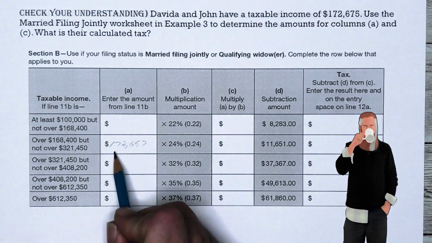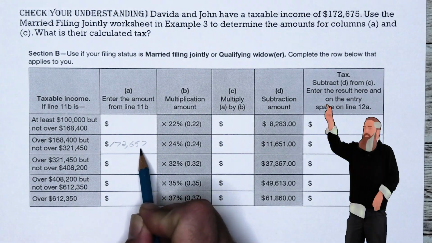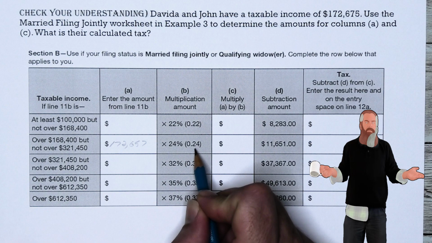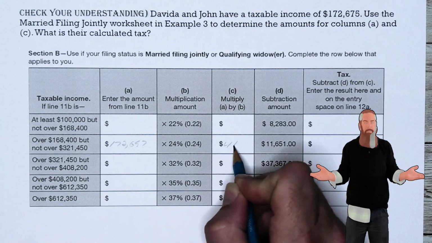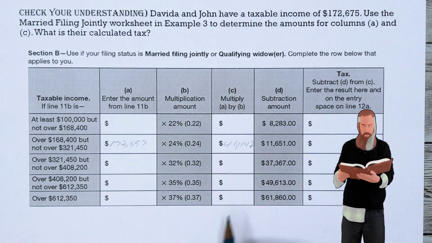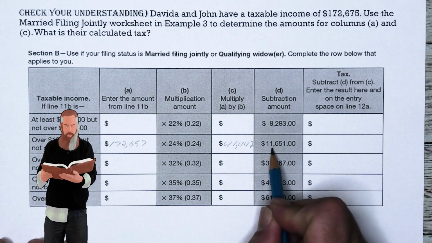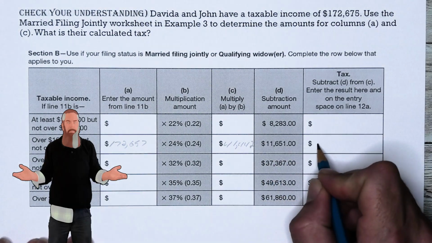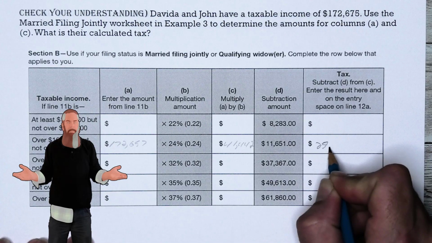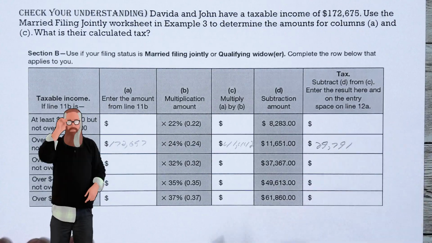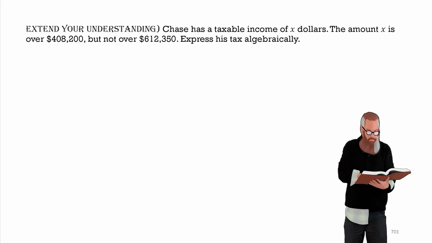This means we're going to take $172,675 and multiply it by 0.24 to get $41,442. We are then going to subtract $11,651 to get $29,791.